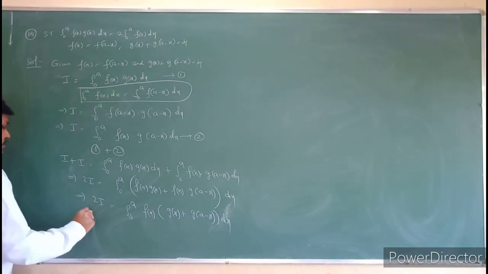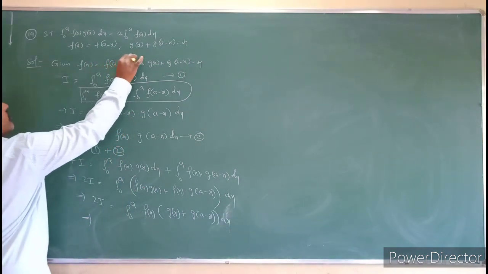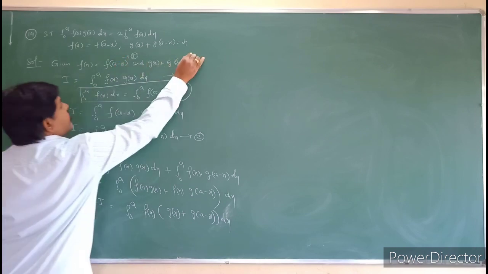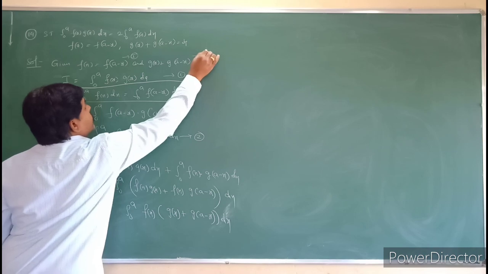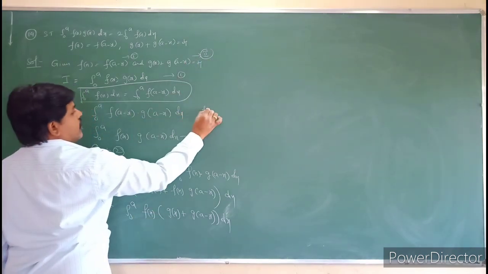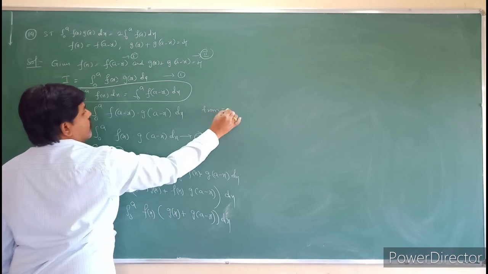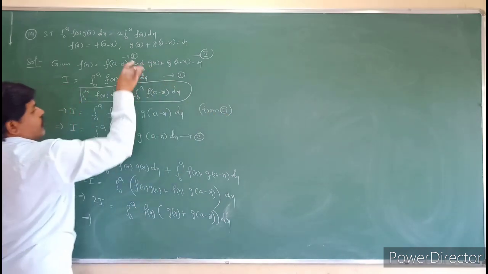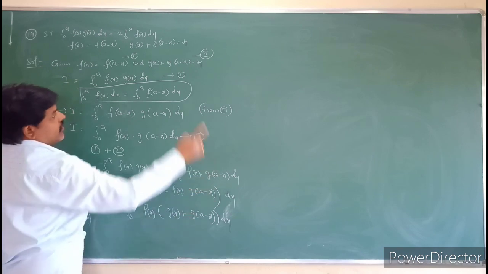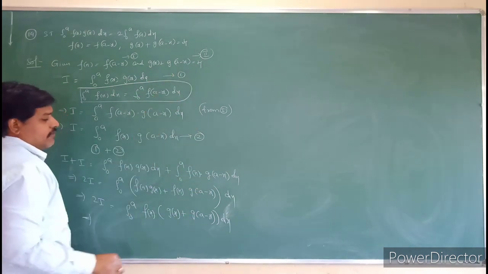So we use these two conditions here. The first condition is the one we use for this step, and the second condition is what we are going to use now: g(x) plus g(a − x) has value 4.